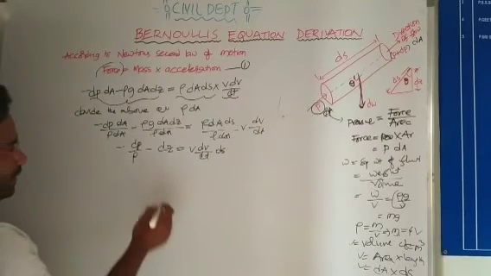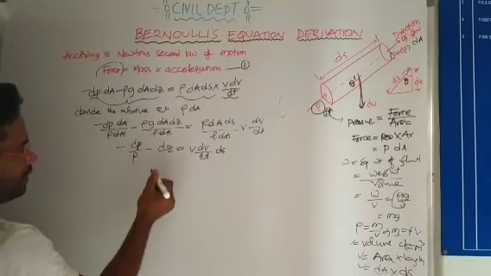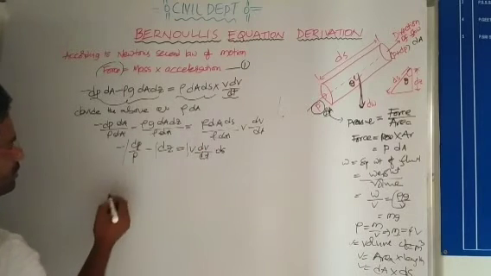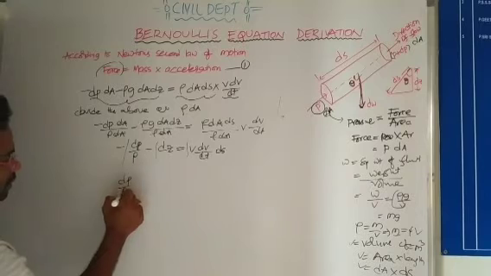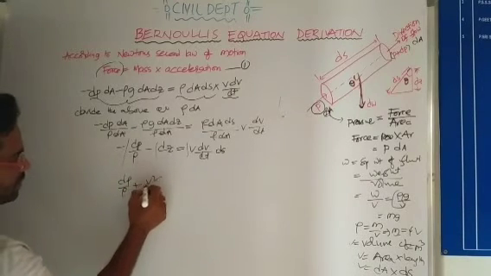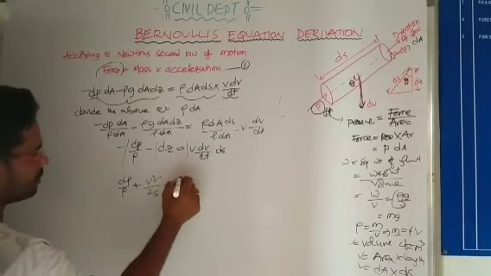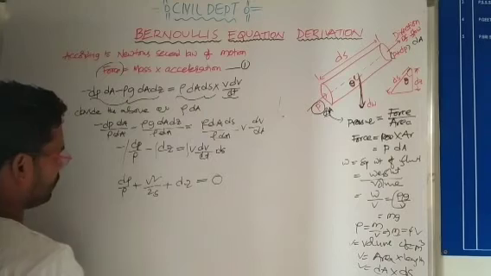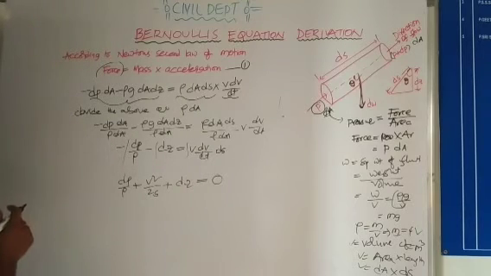Now integrate the above equation. Then you can get dp by rho plus v squared by 2 plus g dz equal to 0.